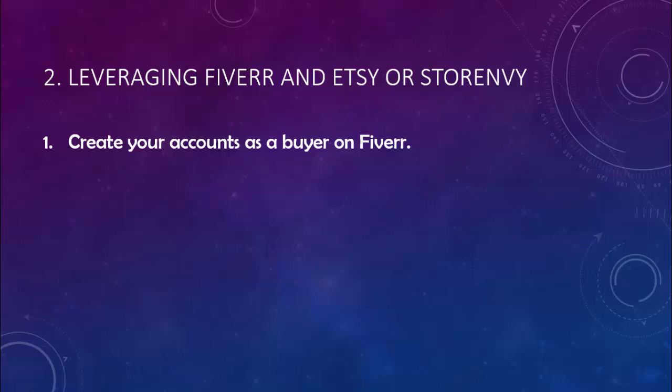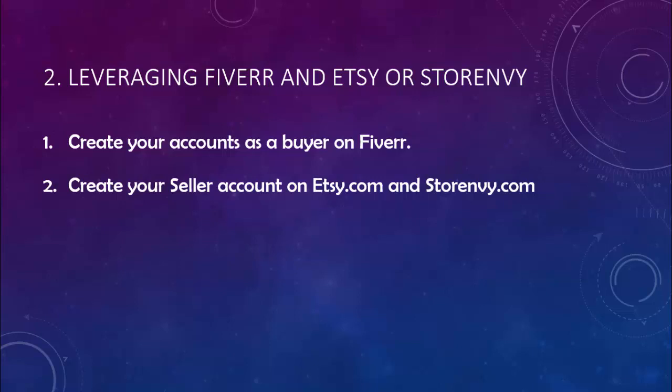You can search for them on Google, but Fiverr is the biggest one and the most trustworthy in my opinion. After you do that, you create a seller account on Etsy.com or Storenvy.com. It depends on which one you want to sell on, but if it were me, I would start with Etsy.com, and I will show you in a couple of seconds how you can do that.